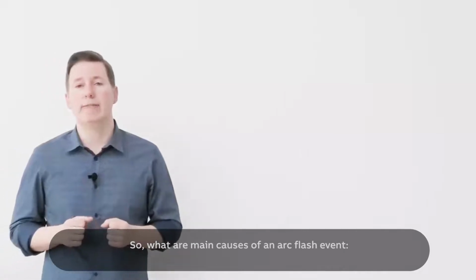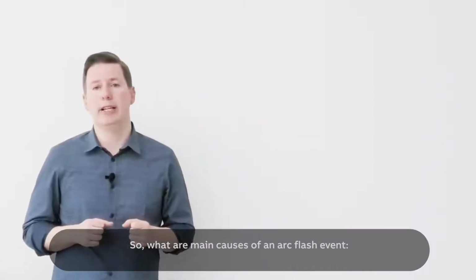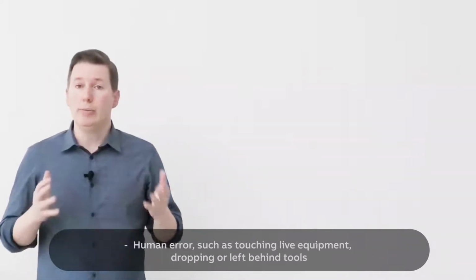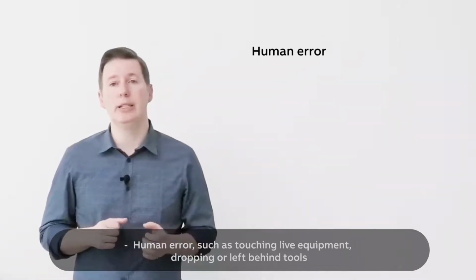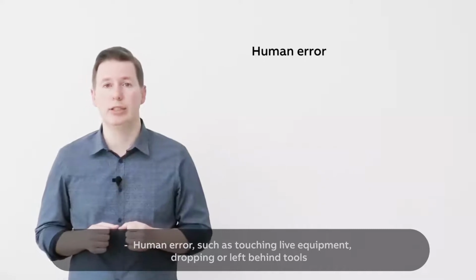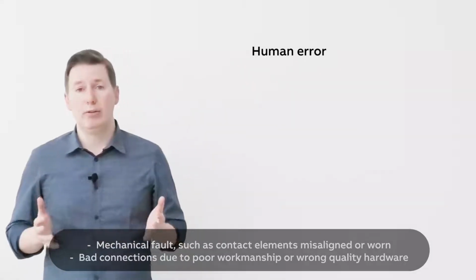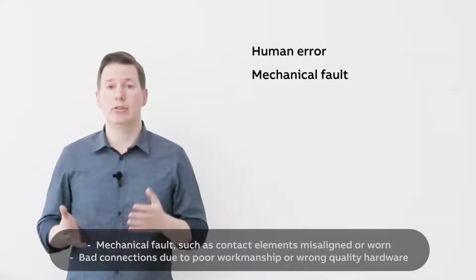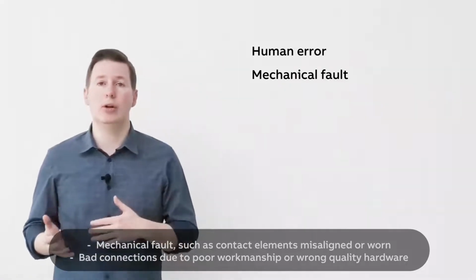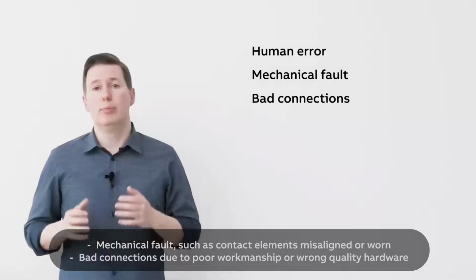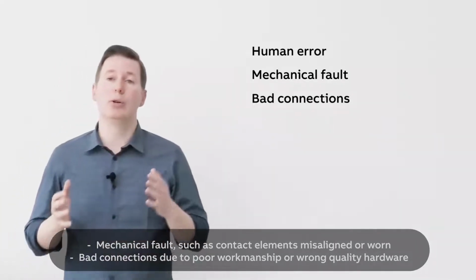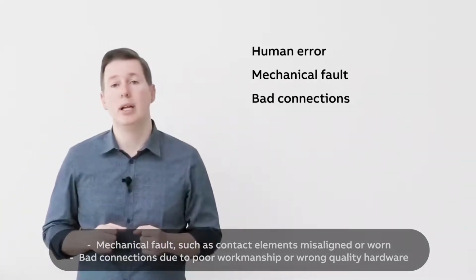So, what are the main causes of an arc flash event? Human error, such as touching live equipment, dropping or leaving behind tools. Mechanical fault, such as contact elements misaligned or worn. Bad connections due to poor workmanship or wrong quality hardware.